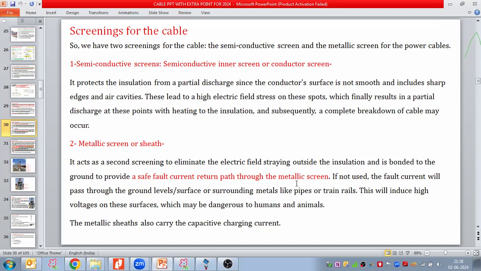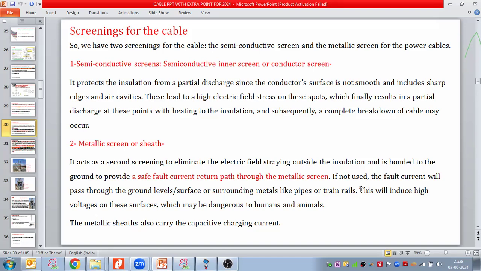And if this screening is not providing a safe path for the fault current, when a line to ground fault happens, the fault current will pass through the surrounding ground surface, and surrounding metals like pipes, train rails, any surrounding metal.